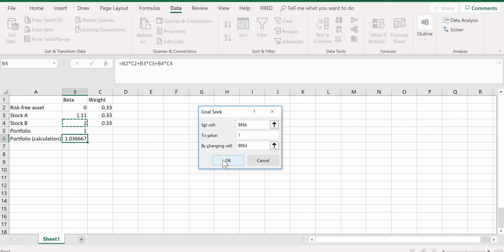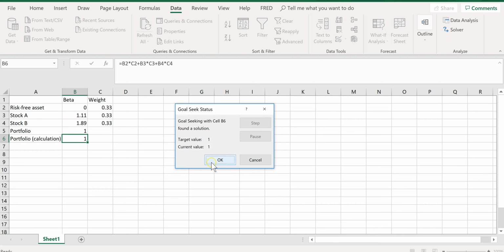Then let's click OK. Now you can see once the beta for stock B is 1.89, the portfolio beta, as calculated from the weighted average of the betas for all the assets within that portfolio, is exactly equal to 1. So the beta for stock B, 1.89, is the number we are looking for.